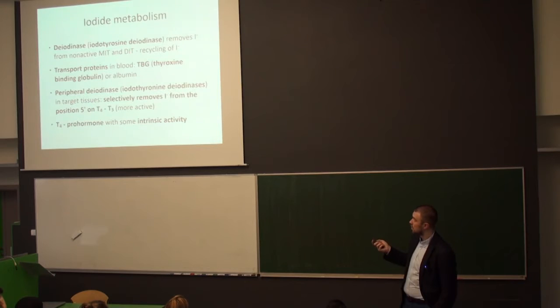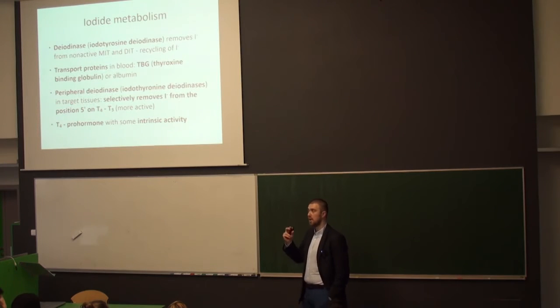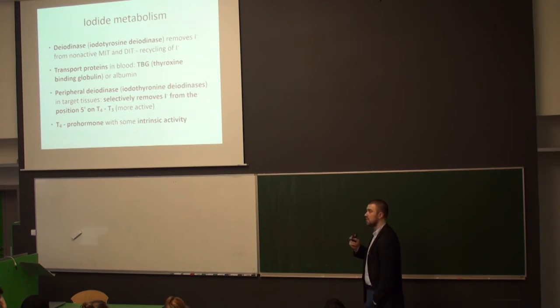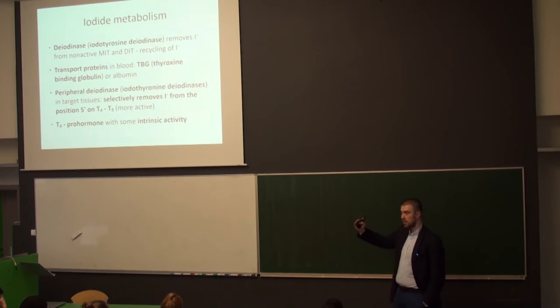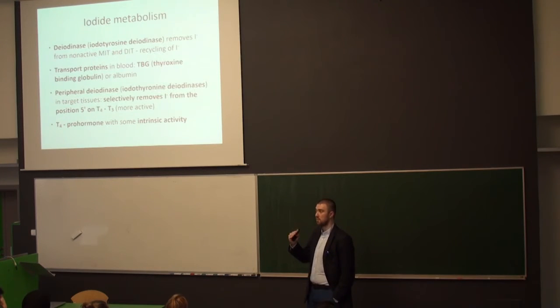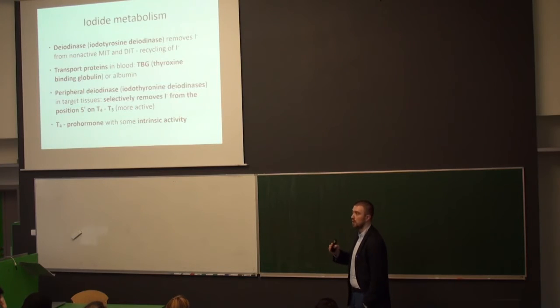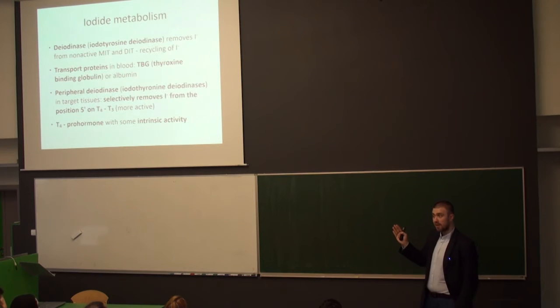It doesn't matter whether it's monoiodotyrosine or diiodotyrosine. Therefore, iodotyrosine. This enzyme takes the molecules of monoiodotyrosine and diiodotyrosine, removes the iodine from it. The iodine you transfer to the colloid, and the tyrosine molecule comes back to the endoplasmic reticulum and is incorporated into the new molecule of thyroglobulin. Why can we not do it directly?